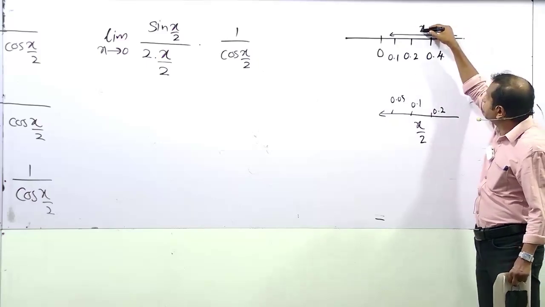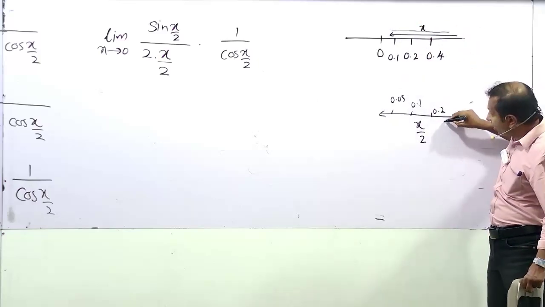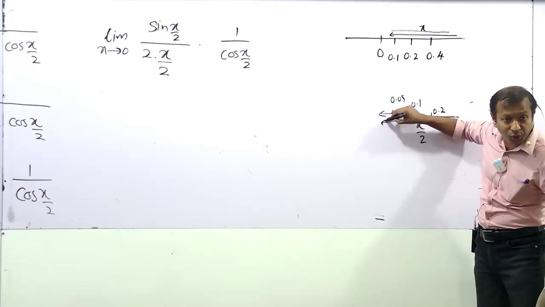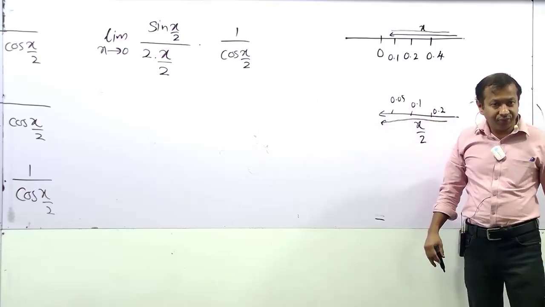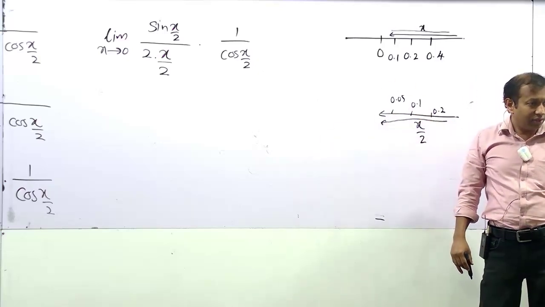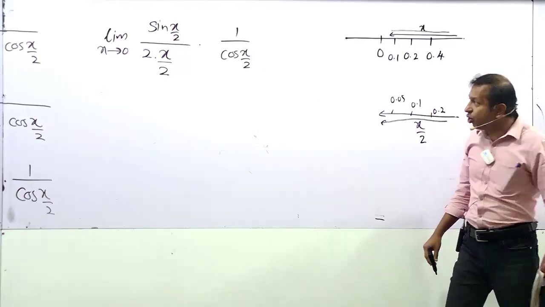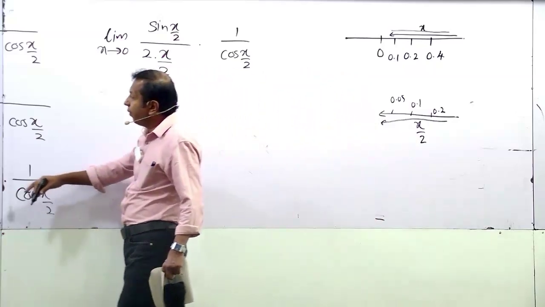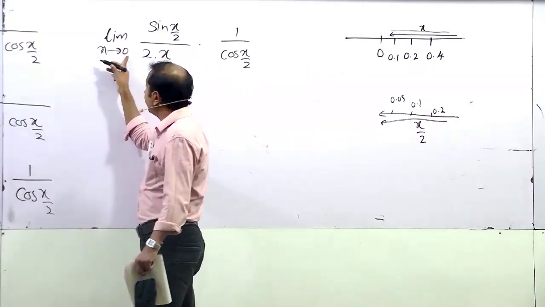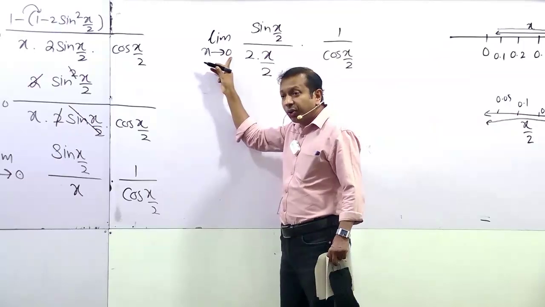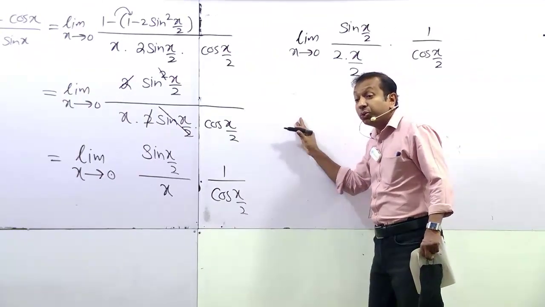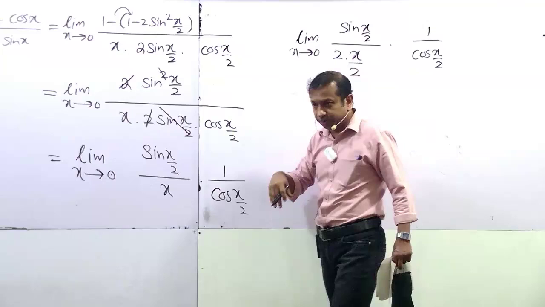As x goes to 0, x by 2 goes to 0 even more quickly. Understand? So as x goes to 0, x by 2 goes to 0.